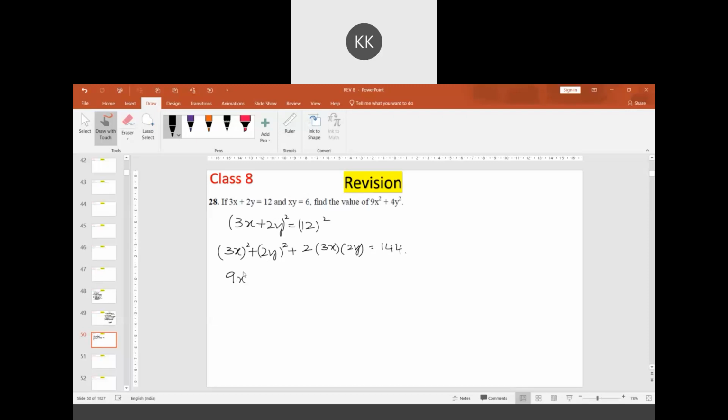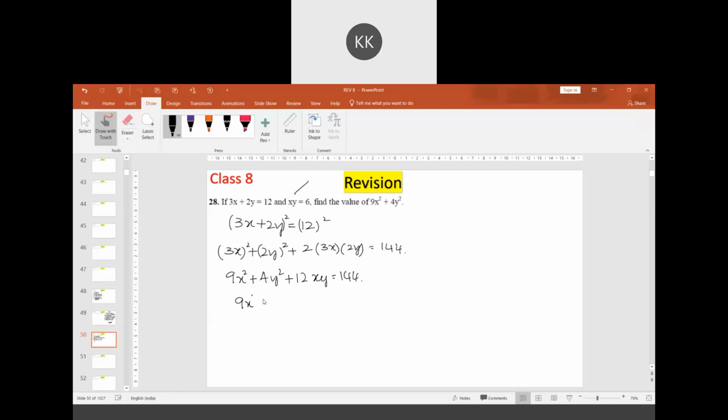This will be 9x square plus 4y square plus 12xy, since 2 into 3 into 2 is 12xy, which is equal to 144. Now in the place of xy we have to replace 6.